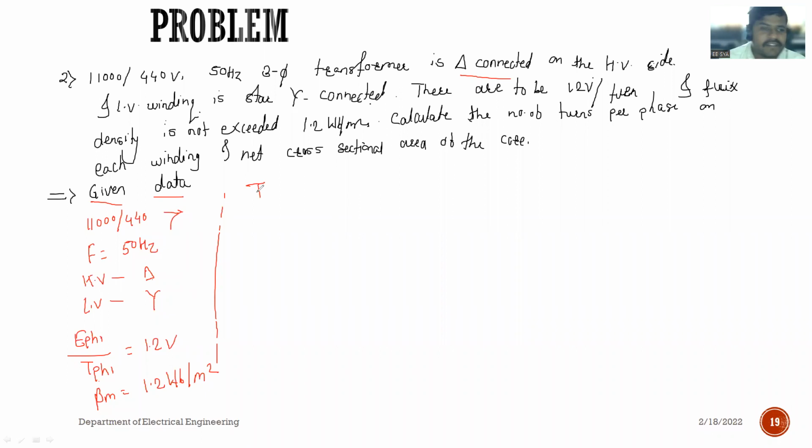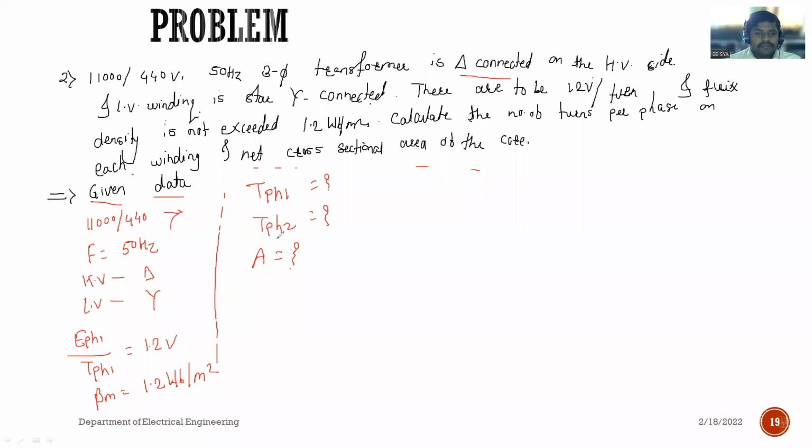That means we want to calculate TPH1 and TPH2. Also calculate the net cross sectional area of the core. That means we want to calculate A also. All of you try to solve.